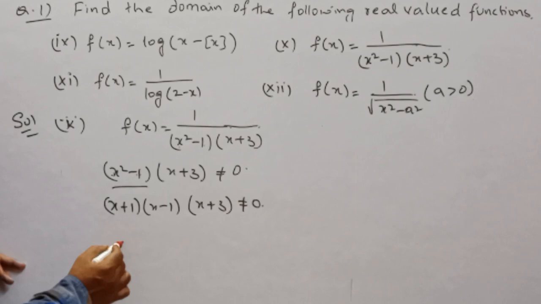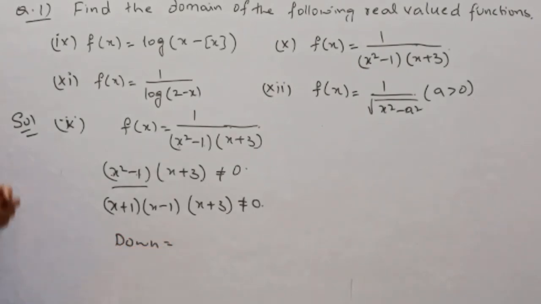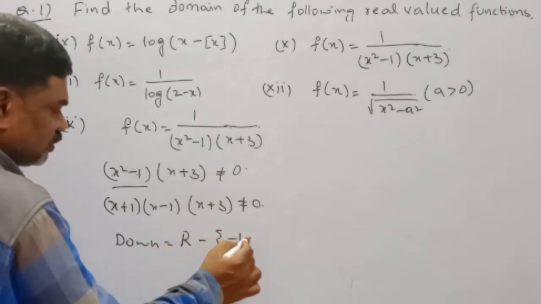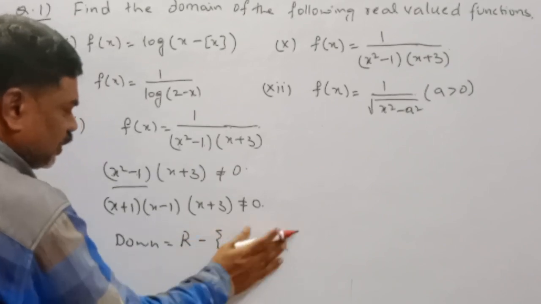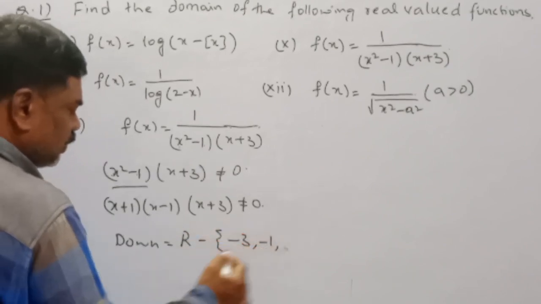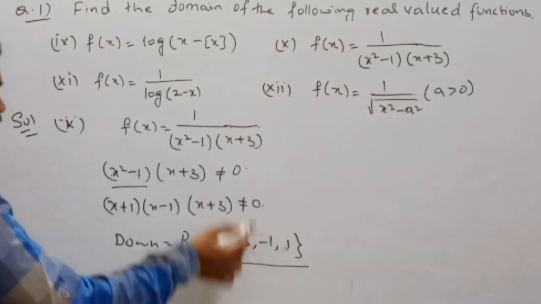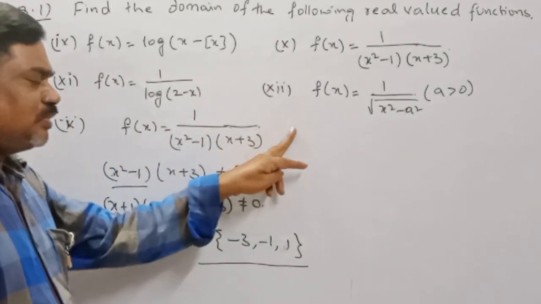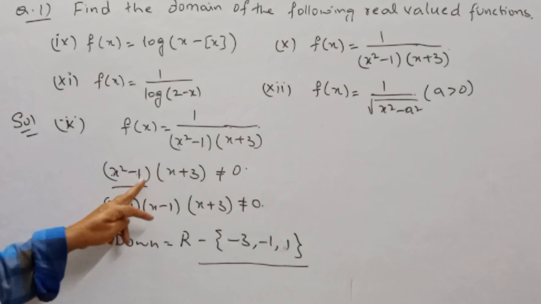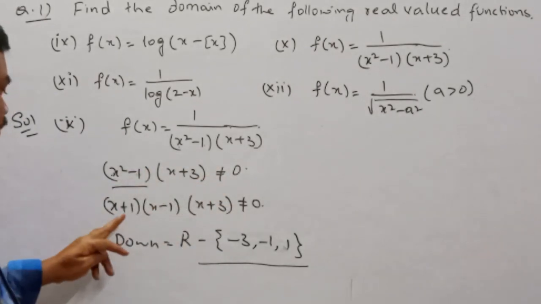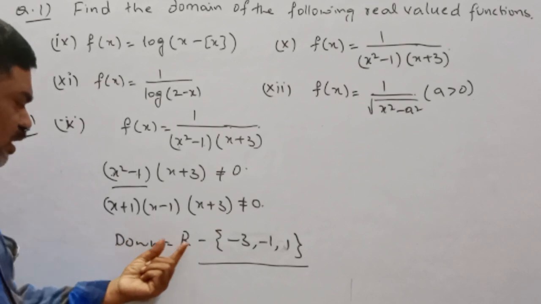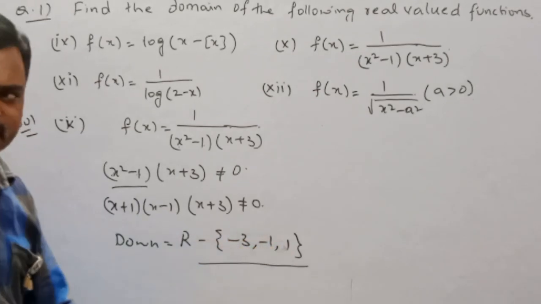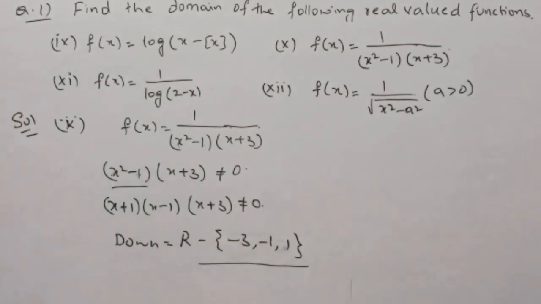So the domain of this one is real numbers excluding minus 3, minus 1, 1. If you give these numbers to this one, it is 0, and 1 by 0 is infinity. That's why x square minus 1 into x plus 3 not equal to 0. Domain is R excluding minus 3, minus 1, 1, is the answer. Okay, all of you? That's all.